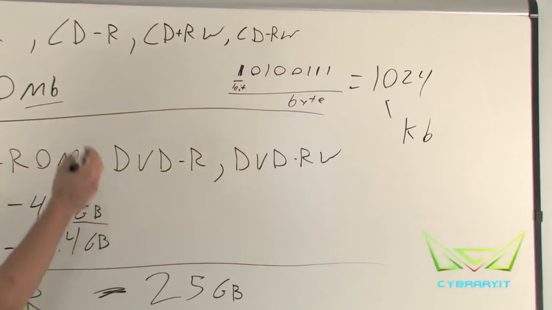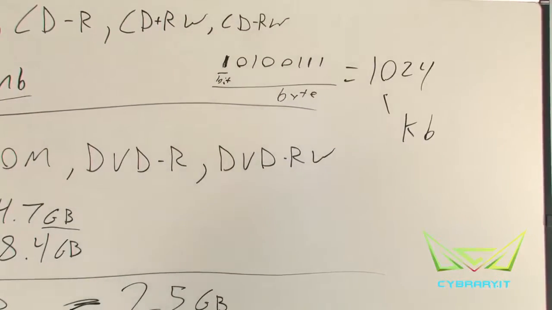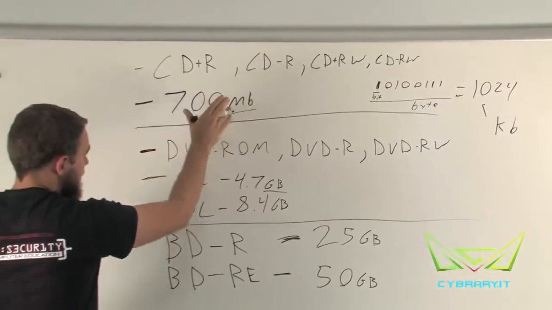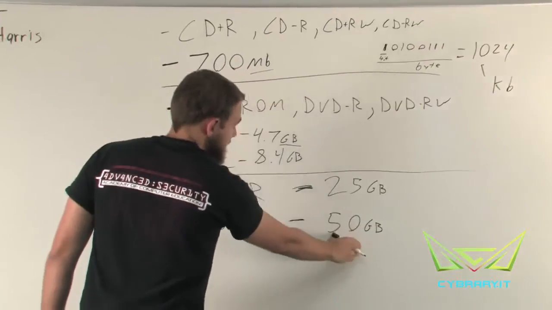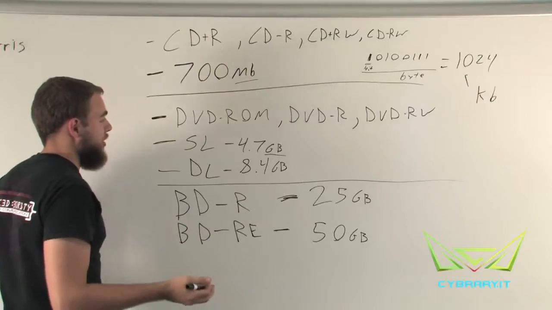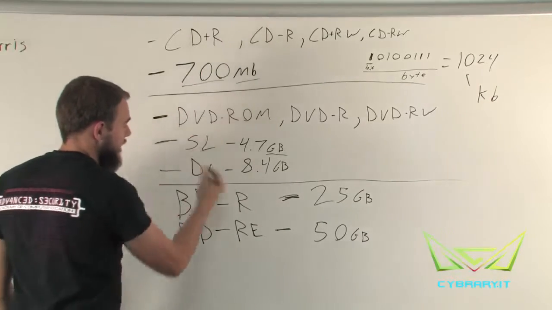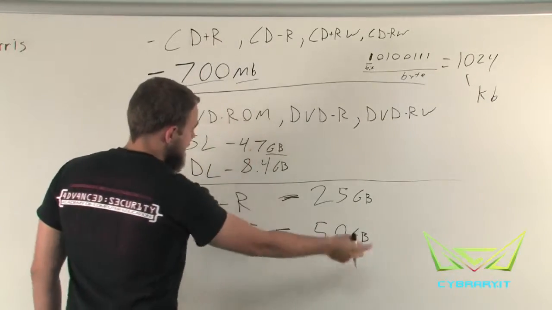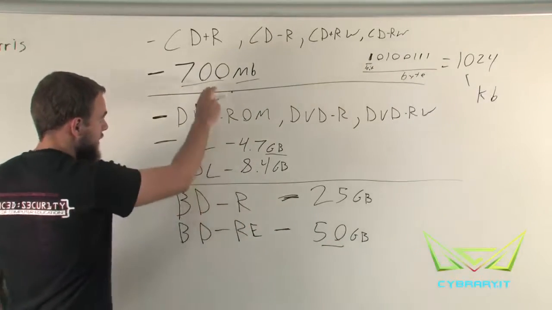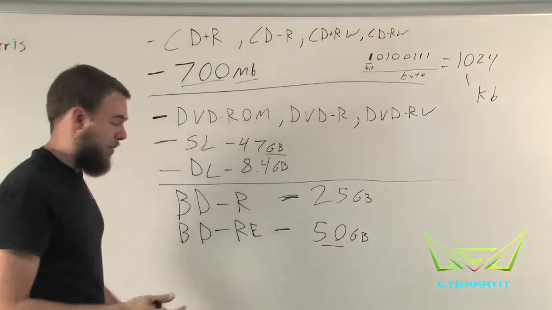And then a gigabyte would be 1,000 times a megabyte. So we see that our difference between 700 megabytes and 50 gigabytes is a vast storage difference. There's a lot more information on here, and just because this is 700 and this is 50, this is still several times higher amounts of data than this one would be here because of our increments.